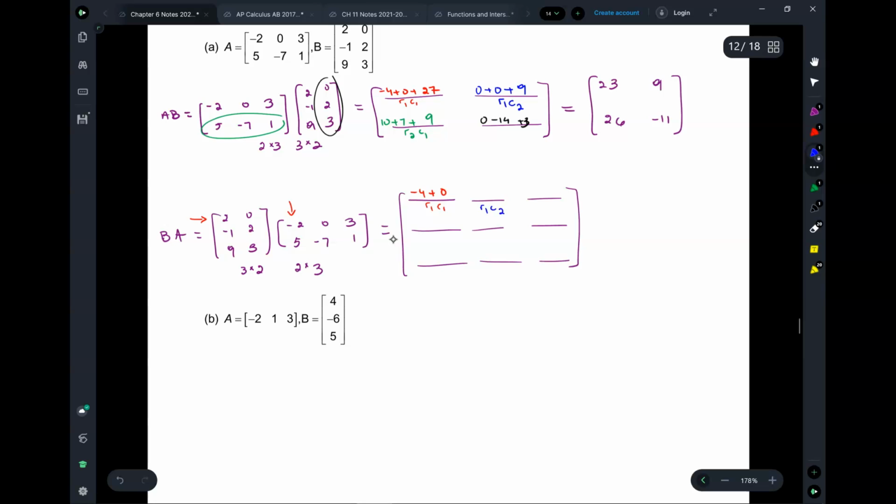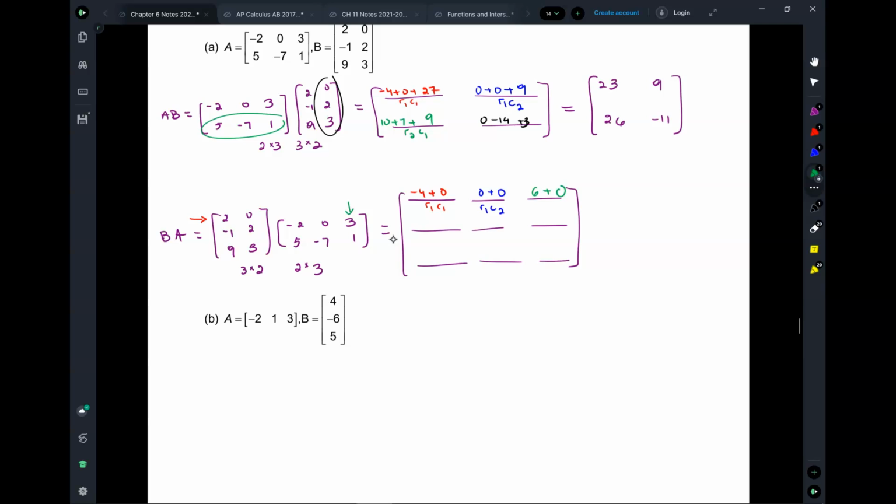Row 1, column 2. I'll just switch my arrow to the next one. So tell me, what do we get? 0 and 0, right? Try to follow with your pencil. So 0, 0. And then the last one, row 1, column 3, 6, 0.